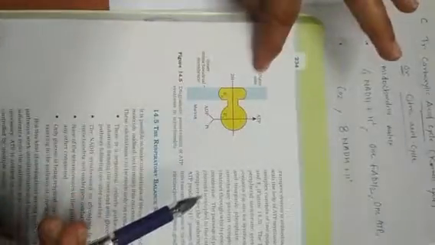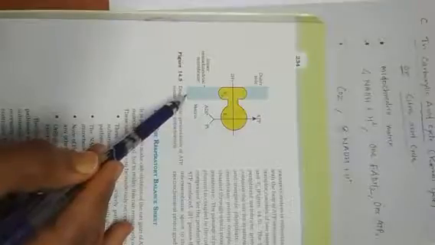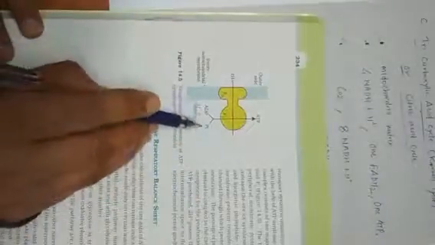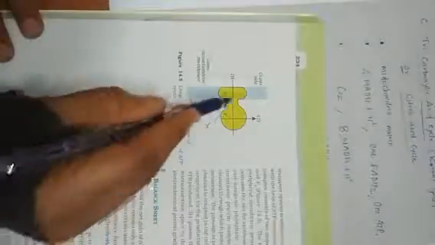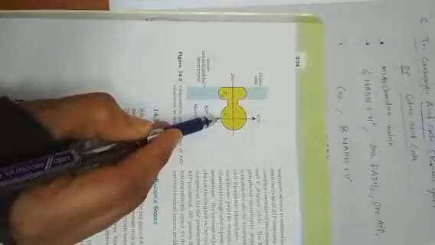This is the outer side and this one is the inner mitochondrial membrane. And here are 2 protons, ATP formation from ADP and 1 phosphate. This side is F0 and this one is F1.